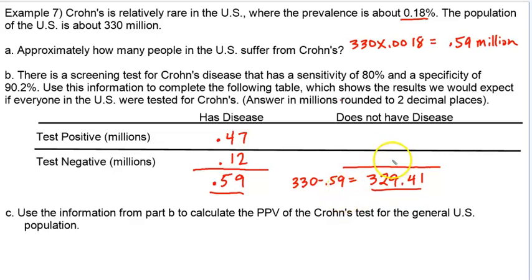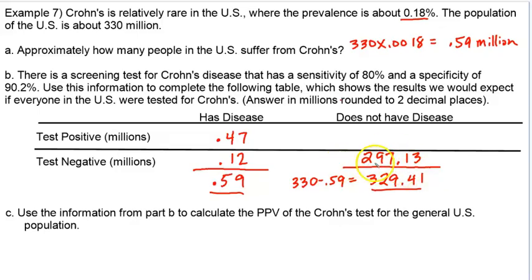All right, now let's turn to the specificity rate, 90.2%. So of the 329.41 who do not have the disease, let's multiply that times 90.2%, and that gives us 297.13 according to the test results.